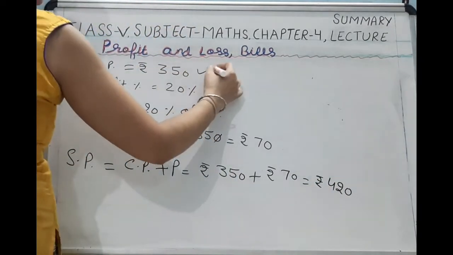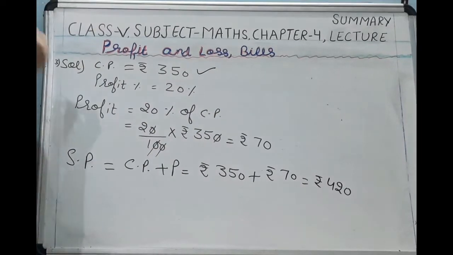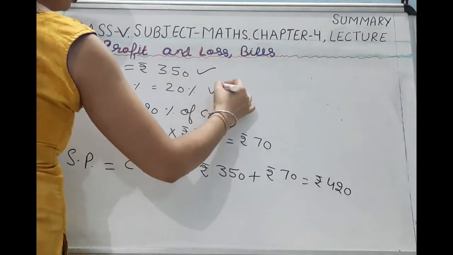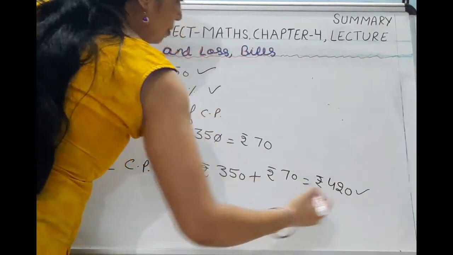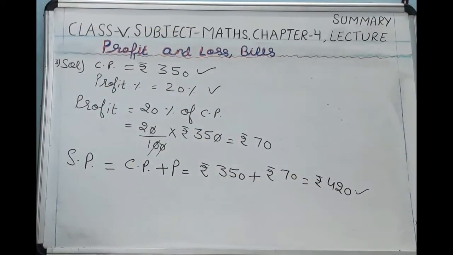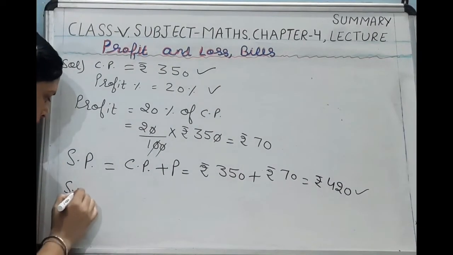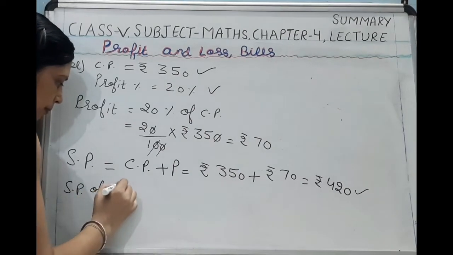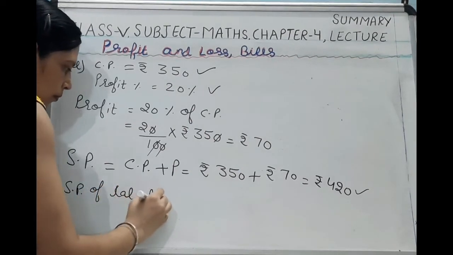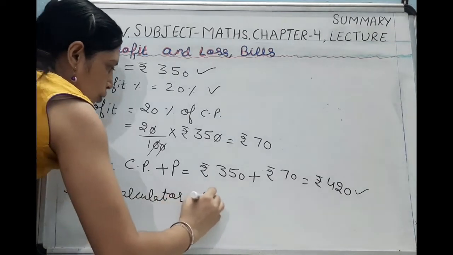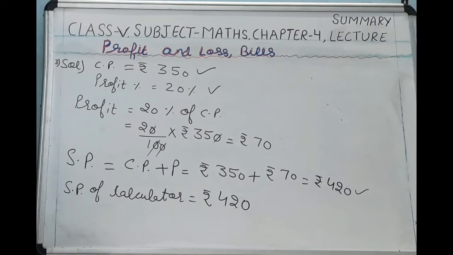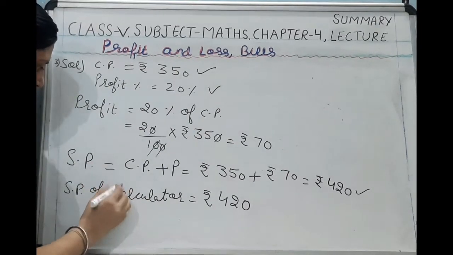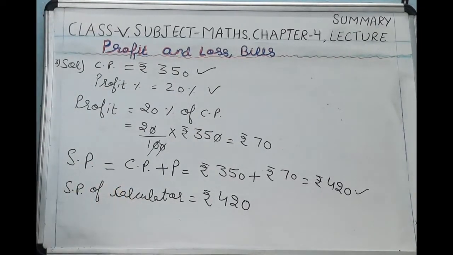So if cost price is 350 and profit percent manufacturer wants of 20%, then he has to sell it for rupees 420. Understood? So selling price of calculator is equal to rupees 420. This is your answer. Understood?